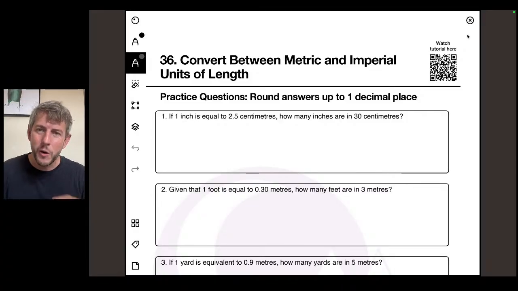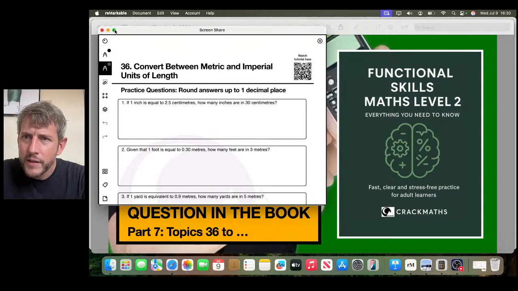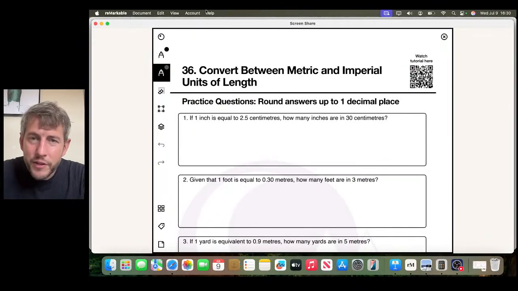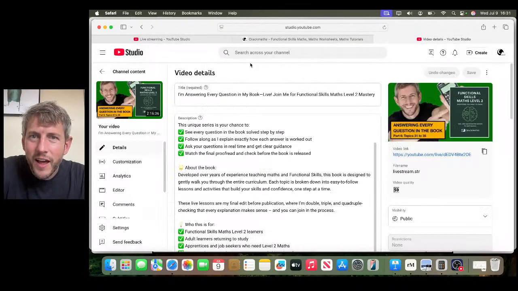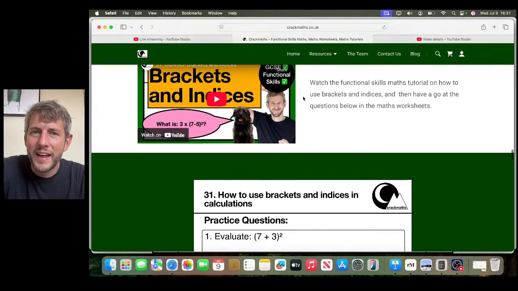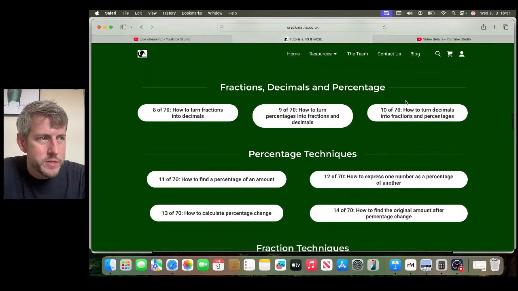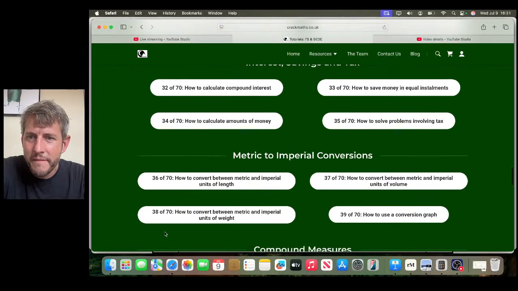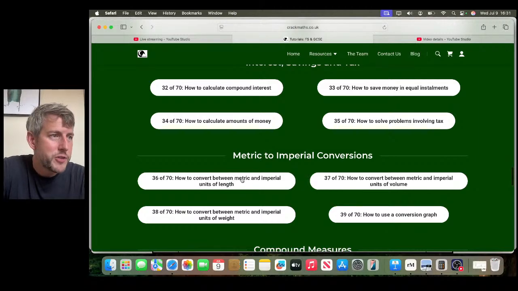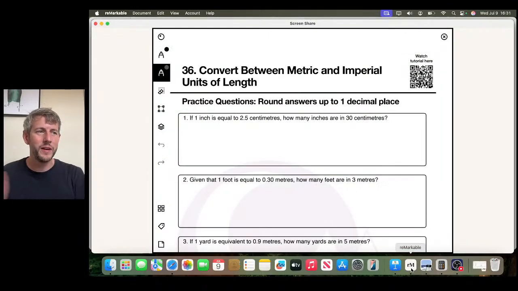You can also take this number 36 and go over to Crack Maths, where you'll find it in the functional skills level 2 tutorials section. 36 is where we're starting today, and this is how to convert between metric and imperial lengths. Anyway, let's begin.